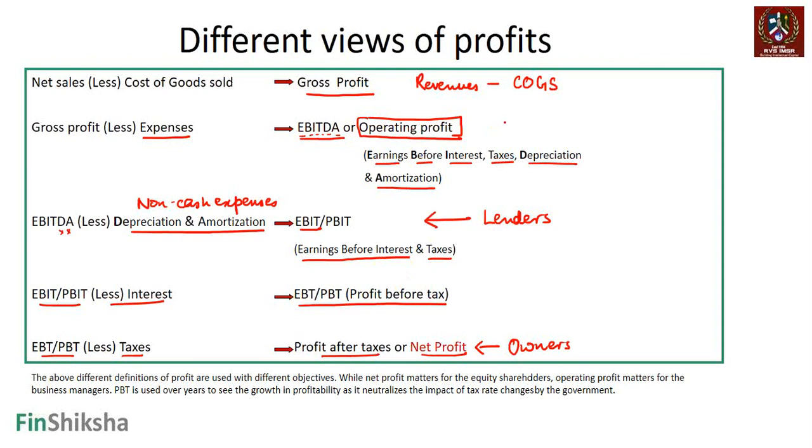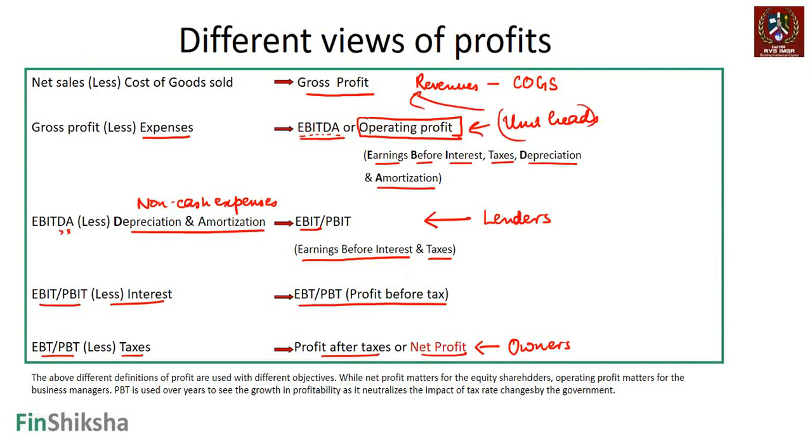If you're looking at specific unit heads or operational heads, they are going to look at these two views of profit, the gross profit and the EBITDA, correct? So multiple people within the company will look at all these multiple views of profits.